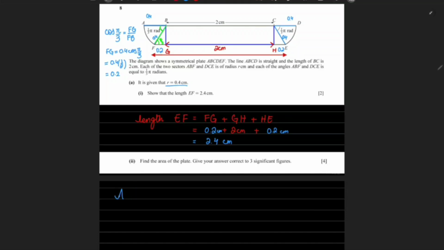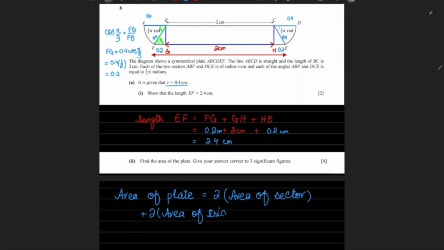The area of the plate is equal to 2 times the area of the sector, plus 2 times the area of the triangle, plus the area of the rectangle, the middle part.